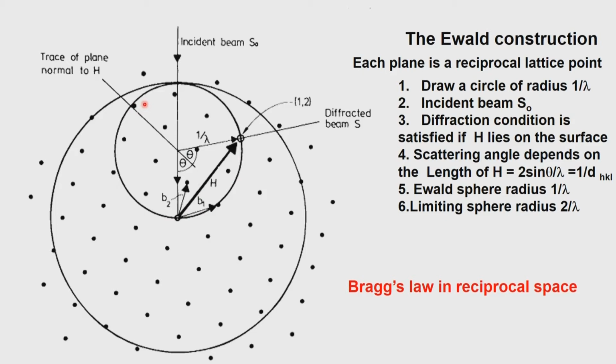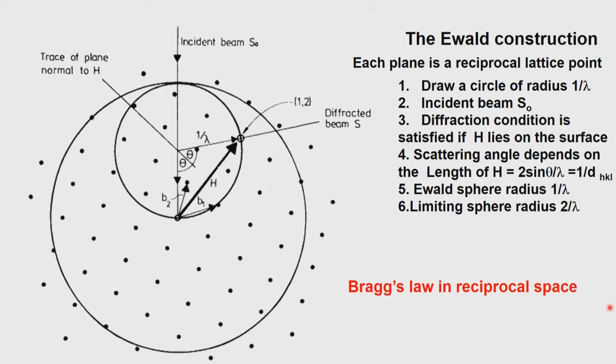So, this set of points which are present in the limiting sphere will have a chance to intersect with the Ewald sphere. And this is a point which allows us to look at Bragg's law in reciprocal space.